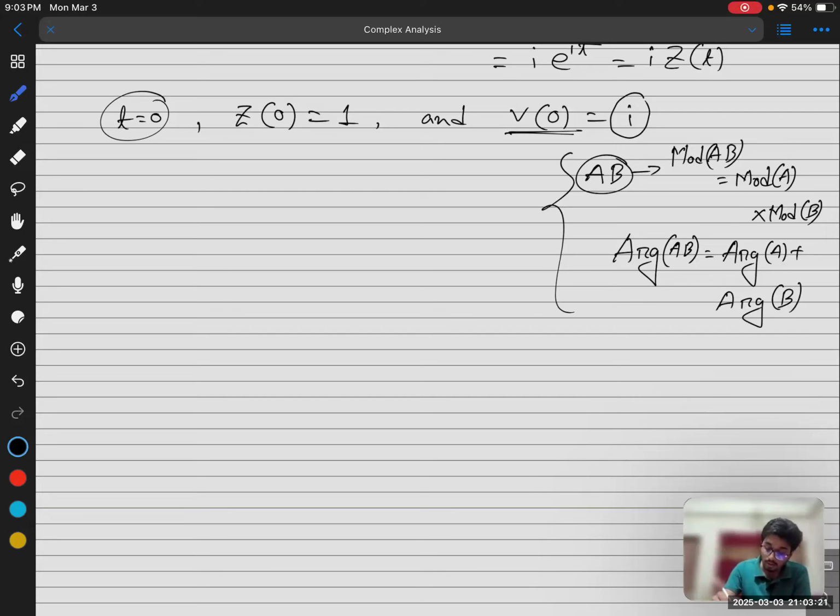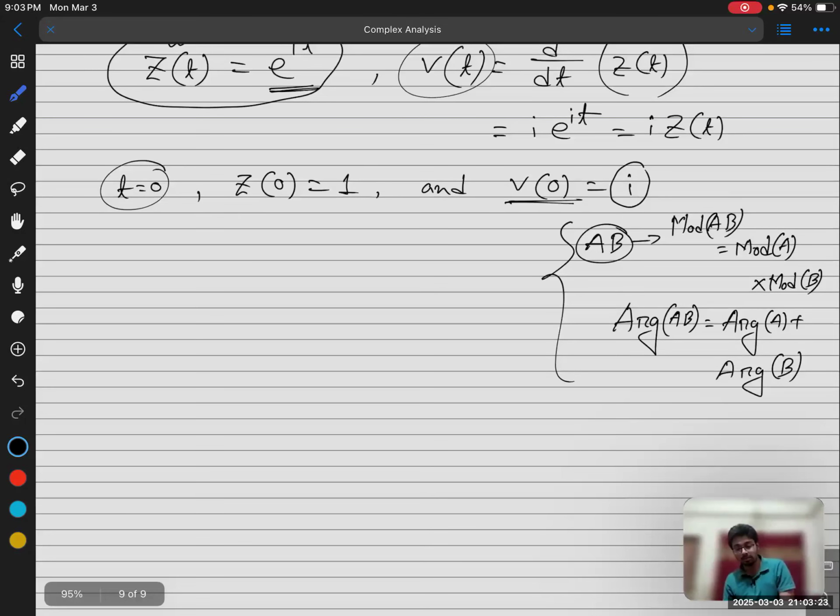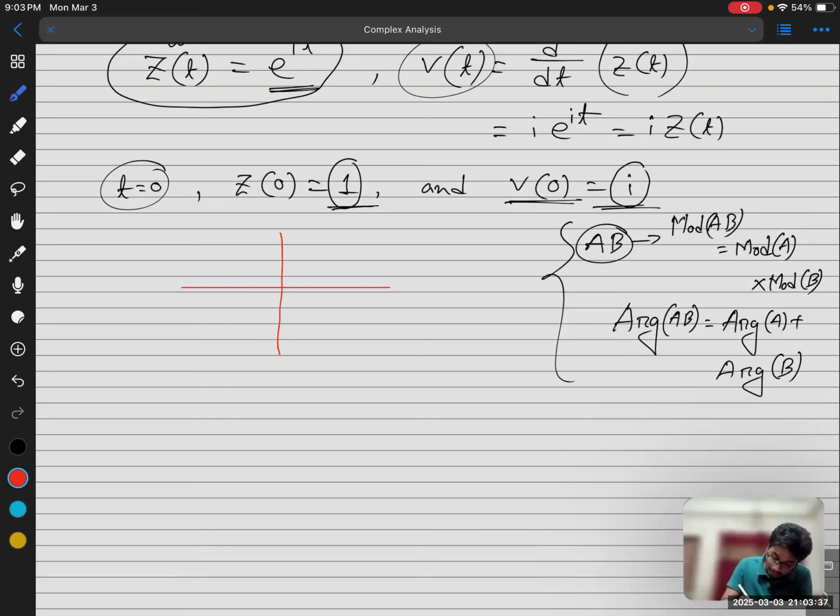So using this property, we can say that these two are basically at a right angle. How? Because one is our initial position vector. One is a real number, so obviously a positive real number, so that is going to be on the positive real axis. So this is our one vector, and the velocity is i.